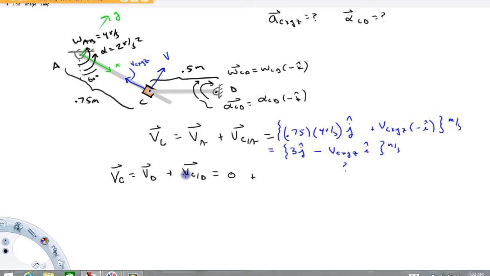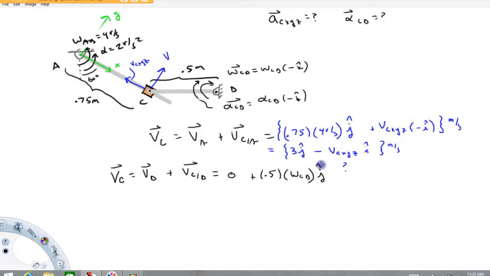The velocity of C with respect to D, we can take note, is straight up. C cannot slide along this bar, so at the instant shown, the velocity of C has to be straight up, so I know it's in the plus j direction, equal to r times the angular velocity that I don't know. So that's going to be 0.5 meters times our angular velocity CD, and that is in the plus j direction.